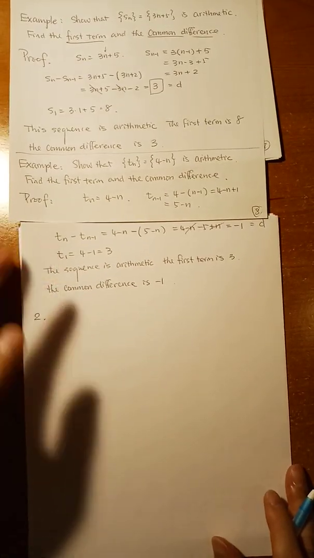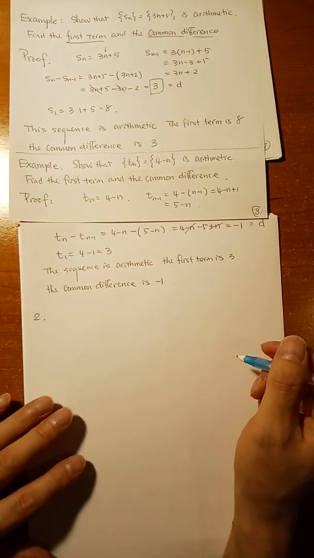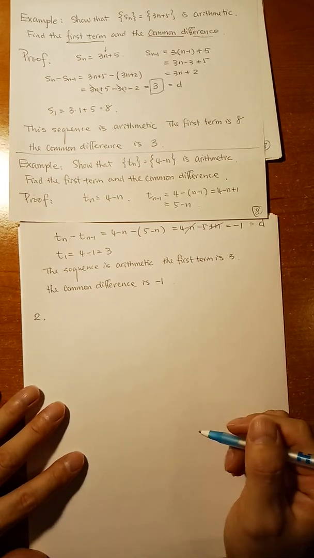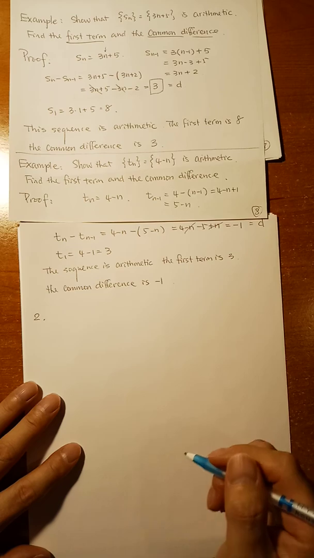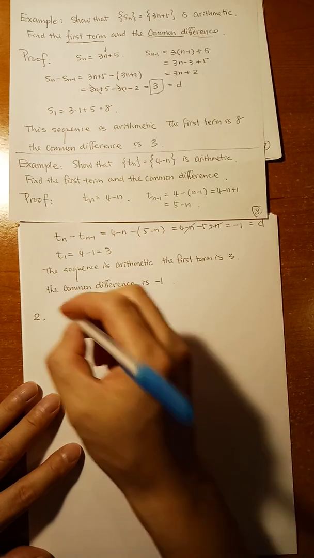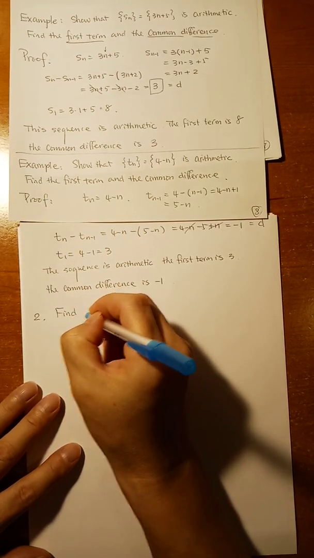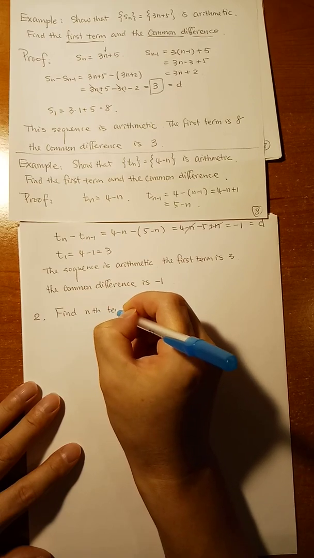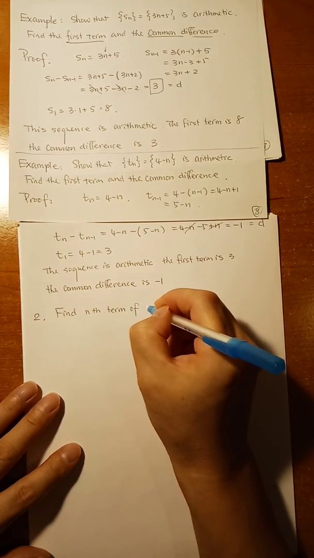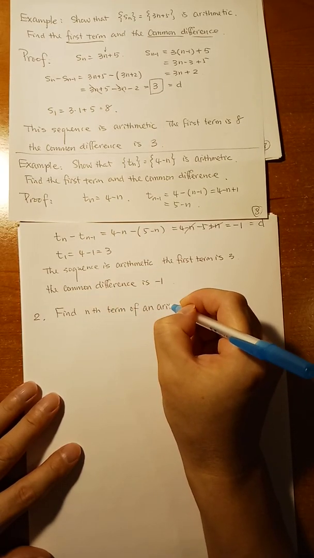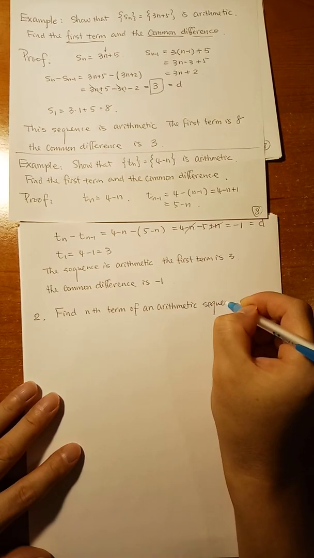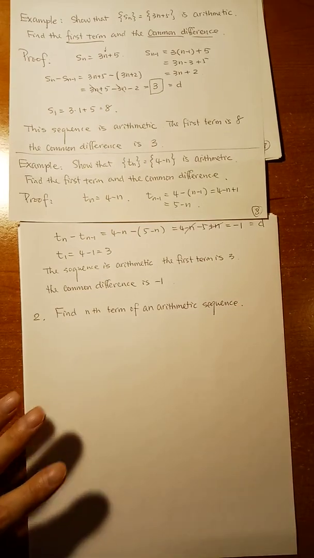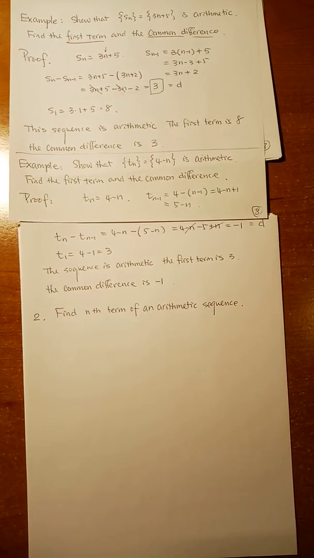Okay, so our arithmetic sequence is defined recursively. Now we want to find a general term formula for the arithmetic sequence, because a general term can directly give us the nth term.